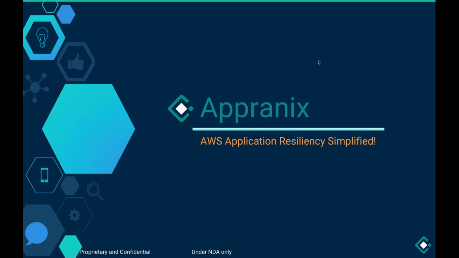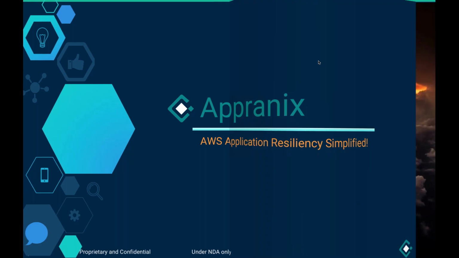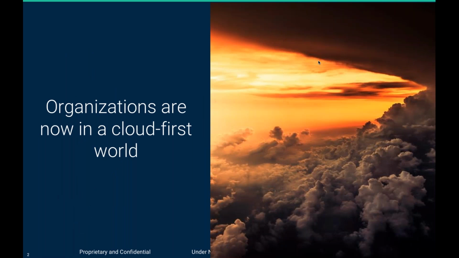So given that, as I mentioned, Optronics is all about application resiliency, and we simplify that tremendously. When we talk about where the journey to the cloud is, organizations are now in a cloud-first world, right? Either they are starting their newer and newer applications on the cloud itself, or they have migrated a bunch of their applications over to the cloud already.